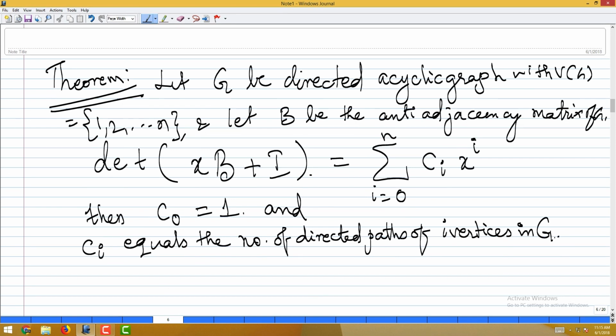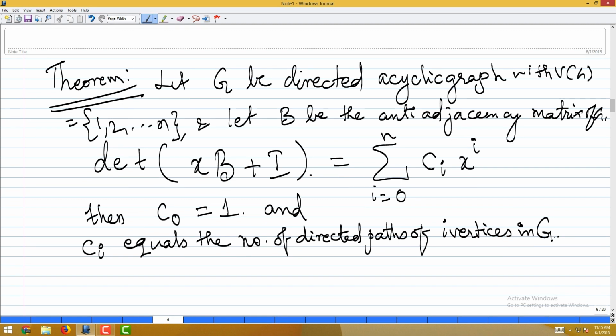So, C naught equal to 1 means what? If you look at this characteristic polynomial, this x B plus I, it is also kind of a characteristic polynomial, right. If you just expand this B as J minus A, then you are looking at what we call the characteristic equation.